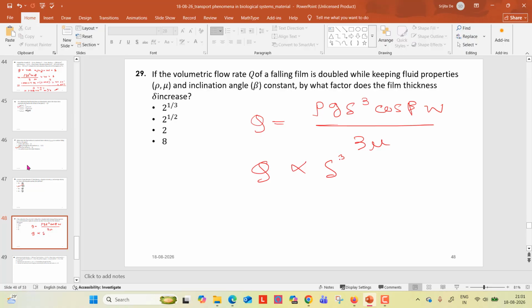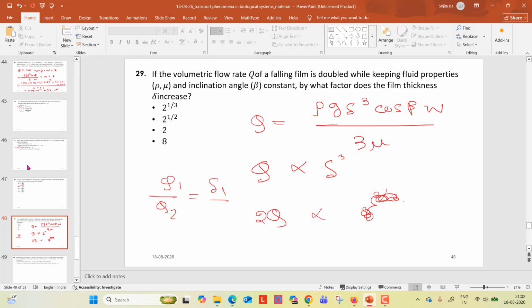So if it is doubled, right? So Q1 by Q2 equals delta 1 cube by delta 2 cube.